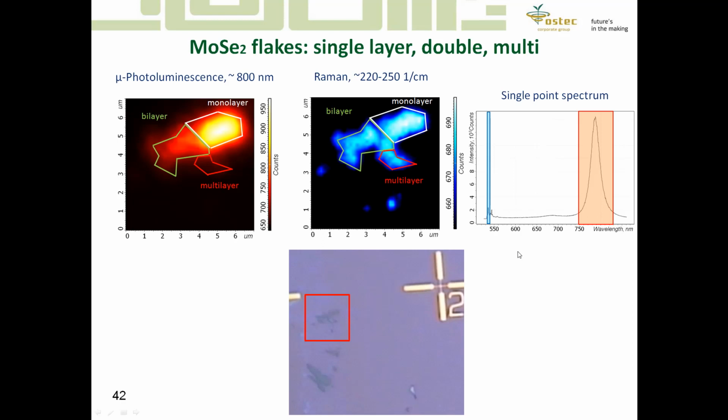Okay, so when we have such a spectrometer, such a confocal microscope, of course we can use it not only for Raman, we can use it for both Raman and, for example, microphotoluminescence. And this is an example of molybdenum disulfide flakes.